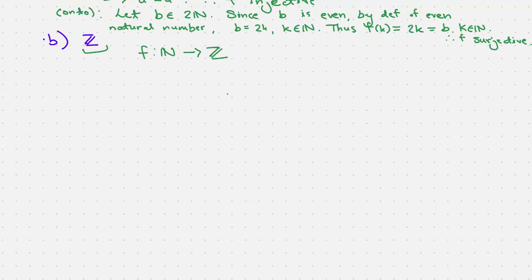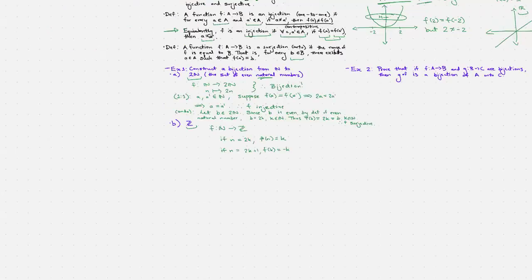If n is even, n equals 2k, then f of n equals k, with n being the element in the natural numbers. And if n equals 2k plus 1, then f of n equals negative k. So this is a bijection, and maybe you can prove that on your own. But now I'm going to go to our example problems that are a bit more theoretical.